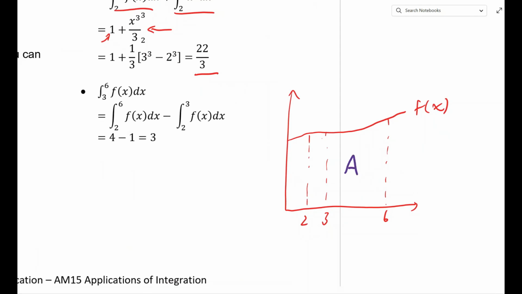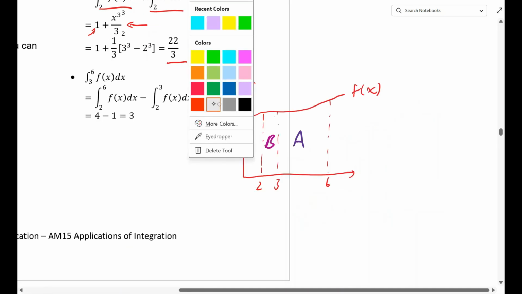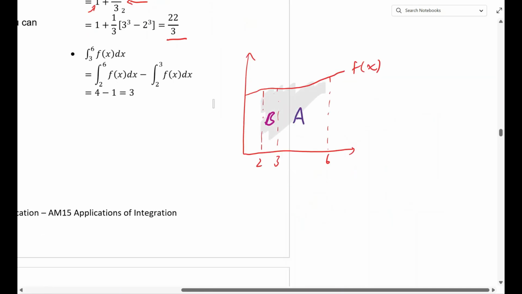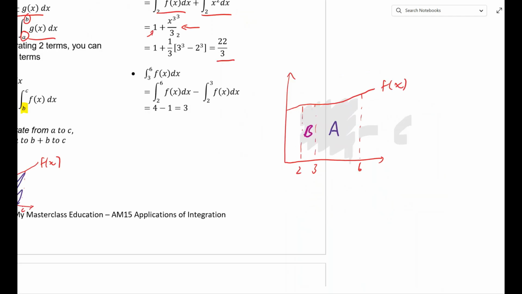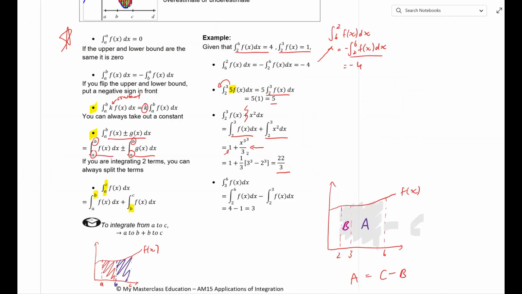This area A will represent the area that we need to find. But our given areas are area B and this entire area, area C. You'll realize that we can find area A by using area C minus area B. This is area C and this is area B, which the values are given in the question. Therefore, it is simply 4 minus 1, which gives us 3.